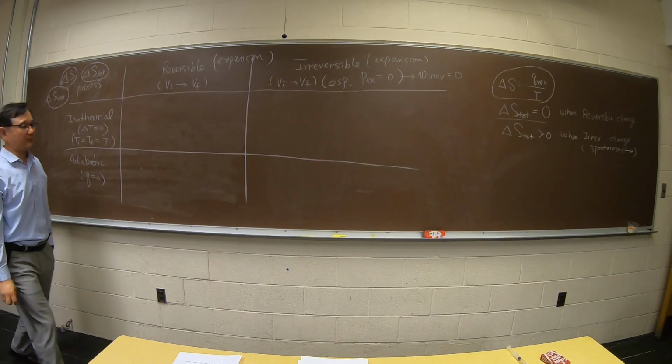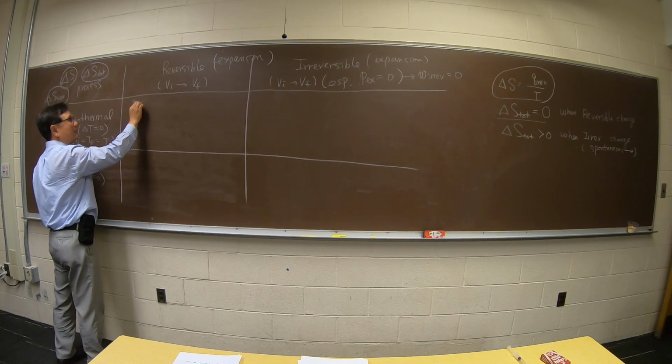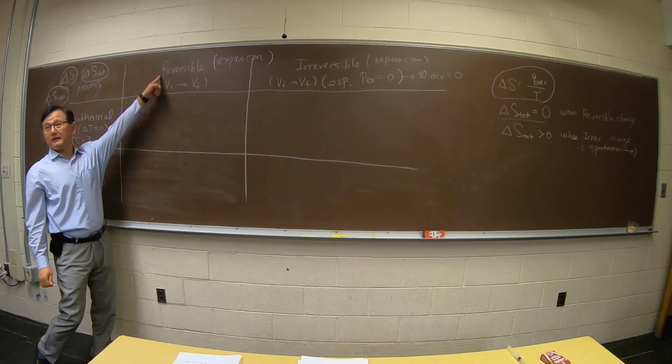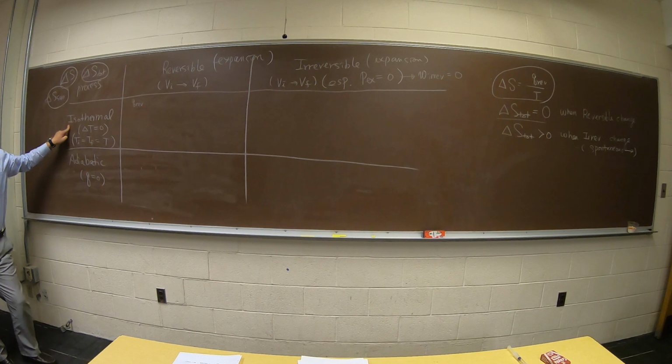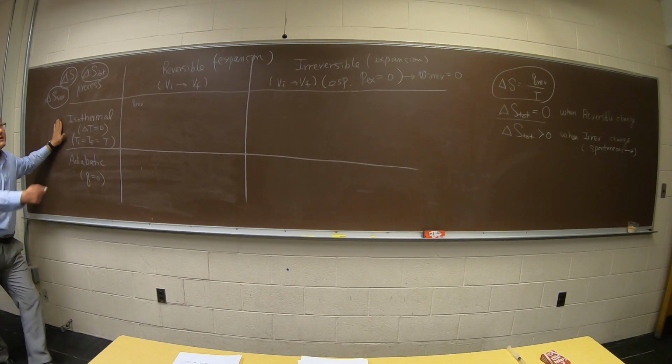But I need some starting point. So Q reversible. Do I know this value? It's reversible, right? Q reversible, isothermal volume change. Looks like we have done this one. Remember this?